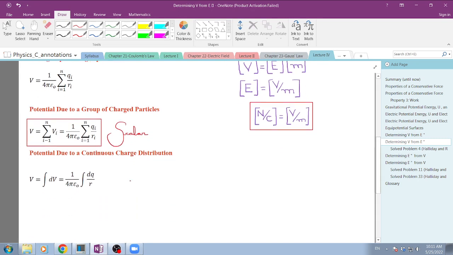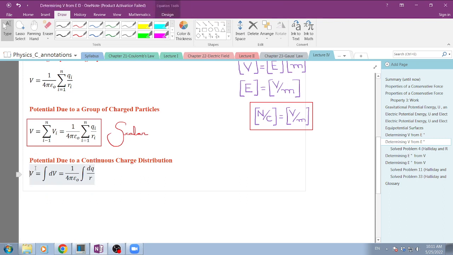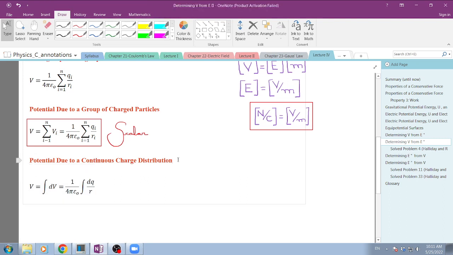And if you have a continuous charge distribution, what you have to do is just integrate. It is exactly the same as before, the same kind of idea. Just integrate over the whole object.